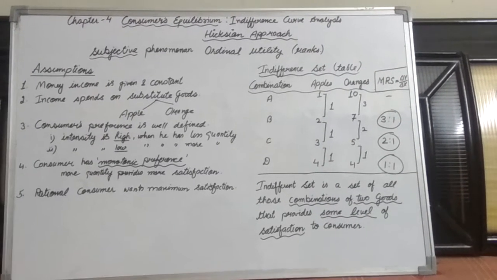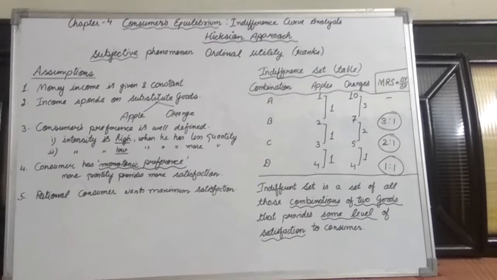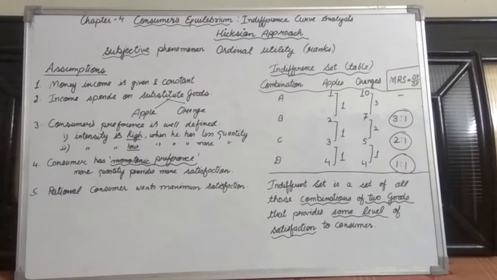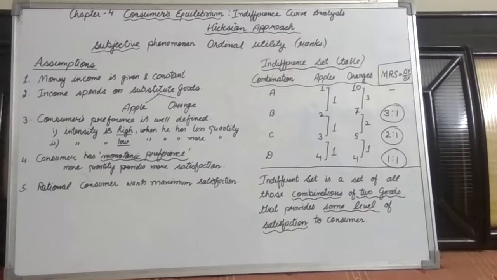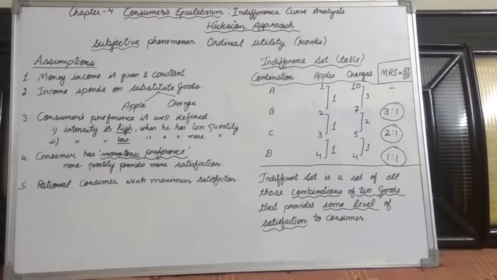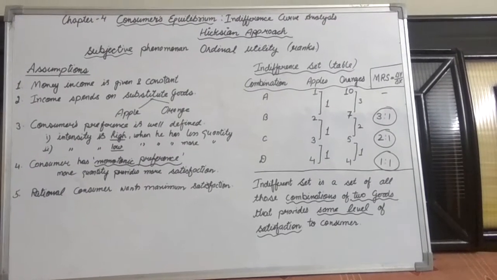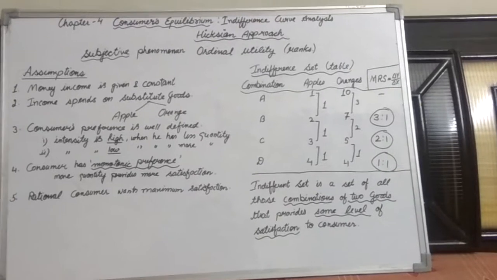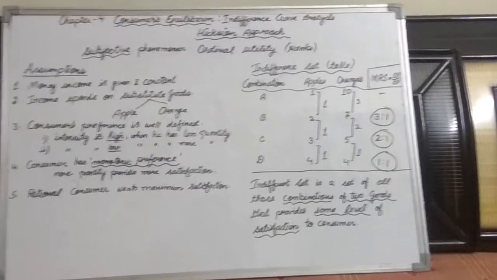According to these values, we have calculated MRS. In the first combination, it cannot be evaluated as it is concerned with the change in the value of the x and y variables. So change can be measured at the second level only. That is why the first value is blank here. In the second combination, this ratio becomes 3:1 because the consumer has sacrificed 3 units of oranges to get 1 more unit of apple.